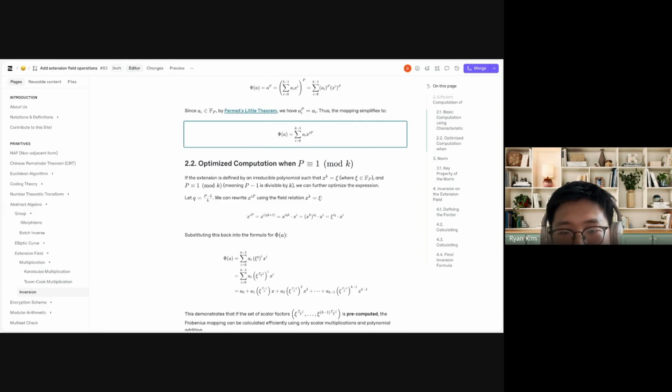If you distribute, we get this form. If we move k to the left side, we get x to the k to the i q times x to the i. Because x to the k is xi, we can compute this efficiently using this simple expression.